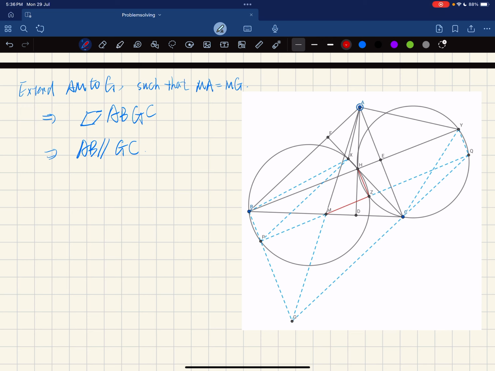Since we have AB parallel to GC, I use the blue pen.